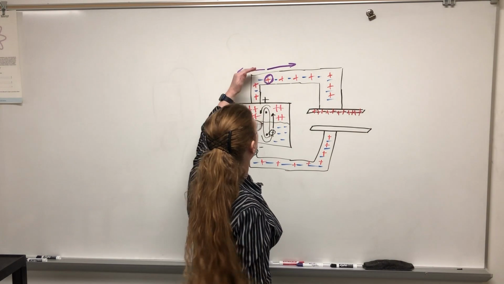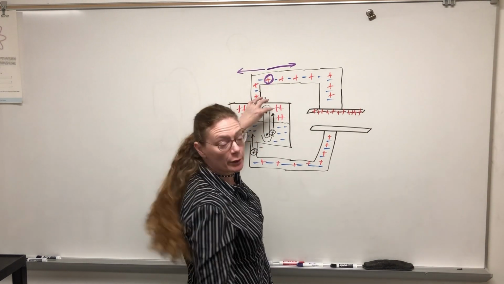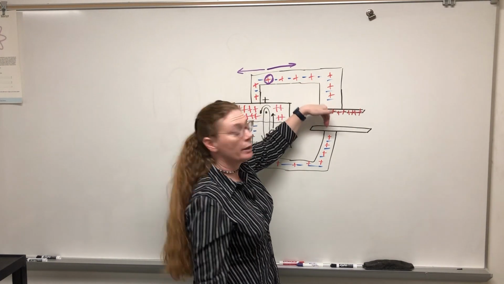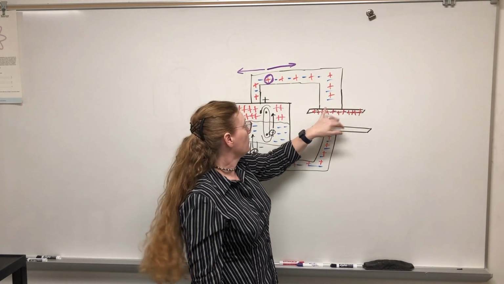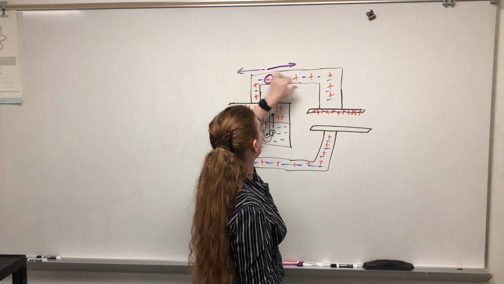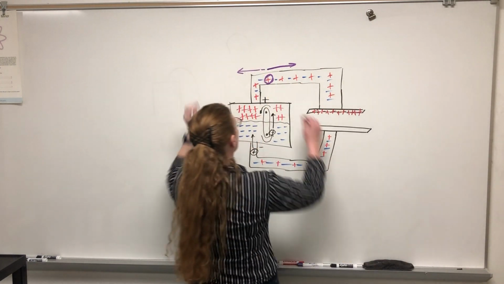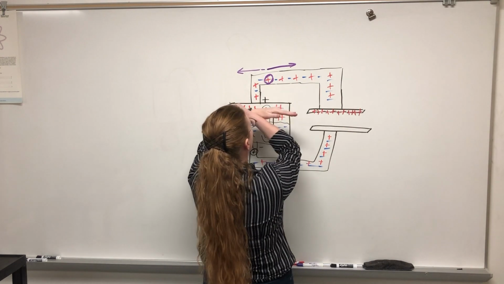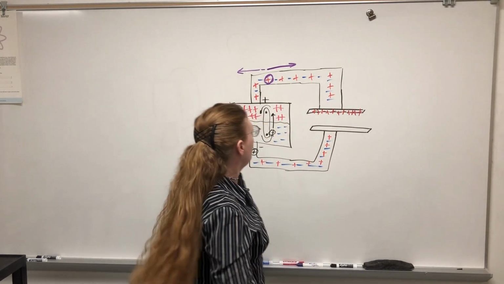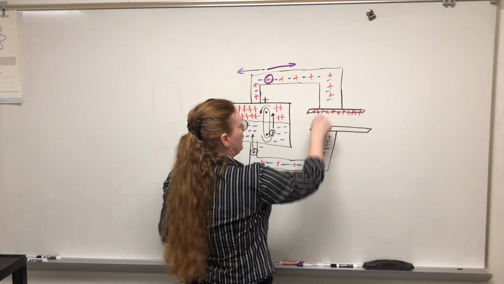So initially, we have this huge push from all this high positive pressure on the battery. But then as we dump more and more positives here, we get higher and higher positive pressure here, which means that the repelling force this way gets bigger and bigger until those forces are equal, no movement, we're in equilibrium.